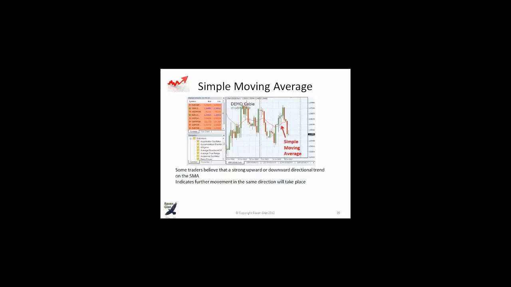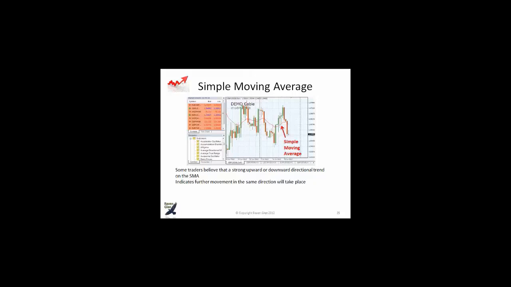It could be 20 periods or 250 or 10, and this would be applied to different time intervals. So it could be 10 1-minute periods, 10 5-minute periods, 10 15-minute periods, or 10 200-minute periods. The most popular ones tend to be the 20, 50 and 200 moving average periods, applied to particularly the hour.